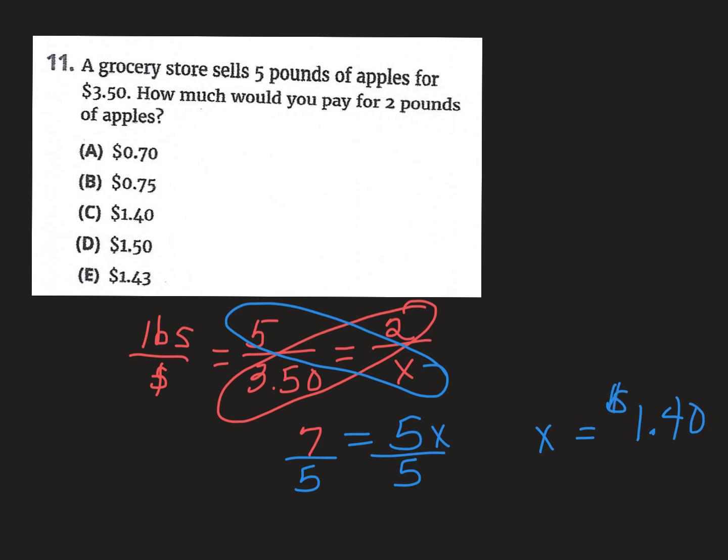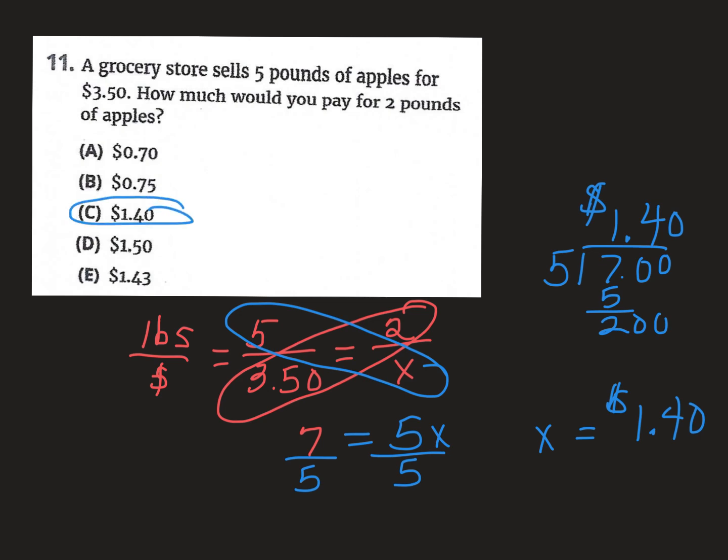I'm just going to make sure because I just eyed that. 5 into 7. Just use your calculator, though. When you do this, you use your scientific calculator. Yep, $1.40. So the answer is C.